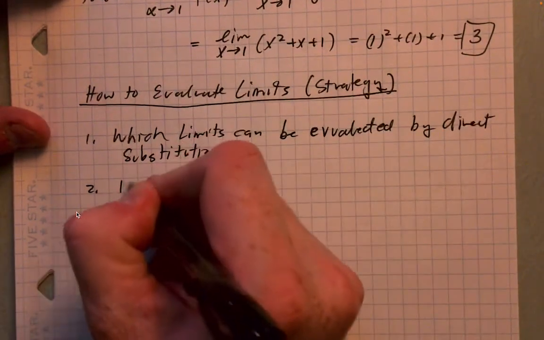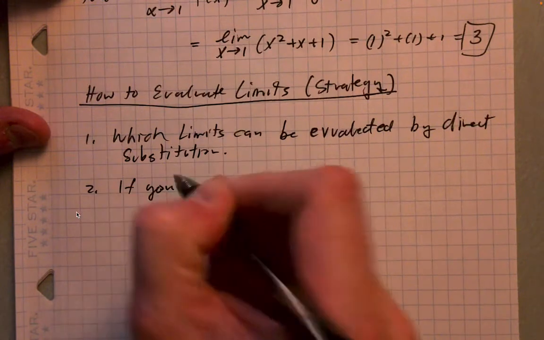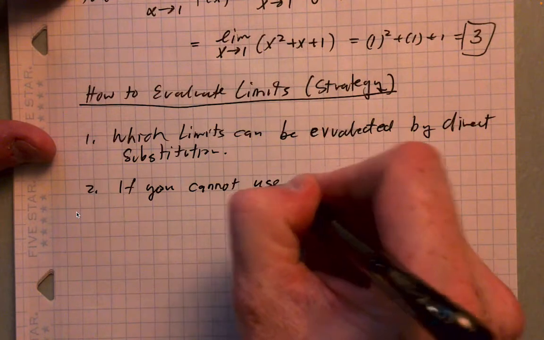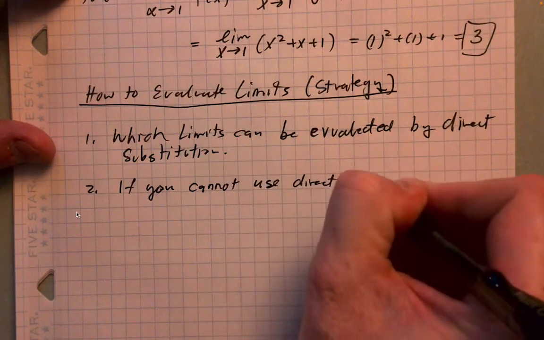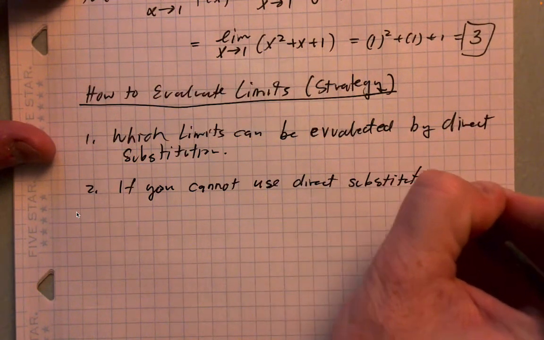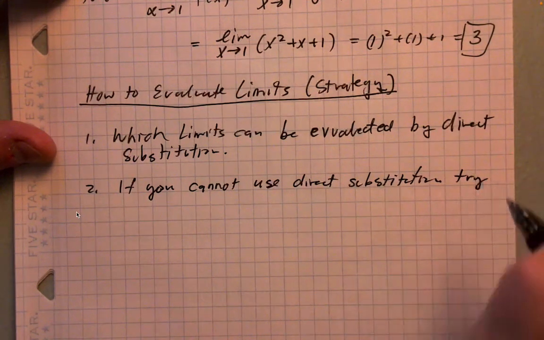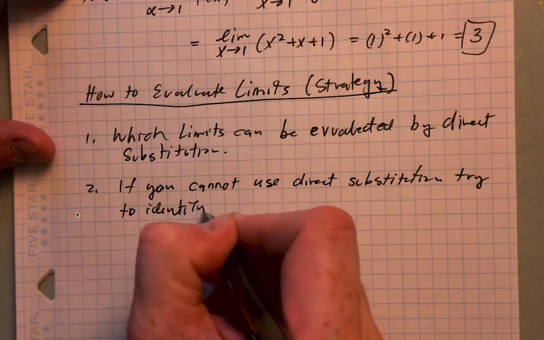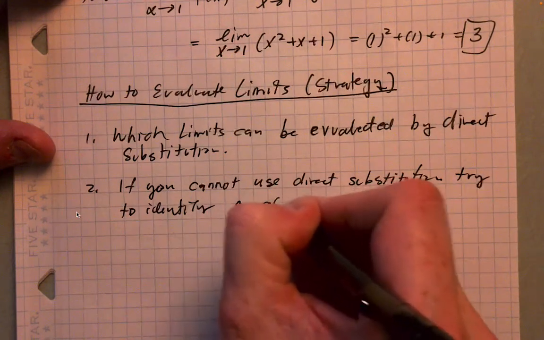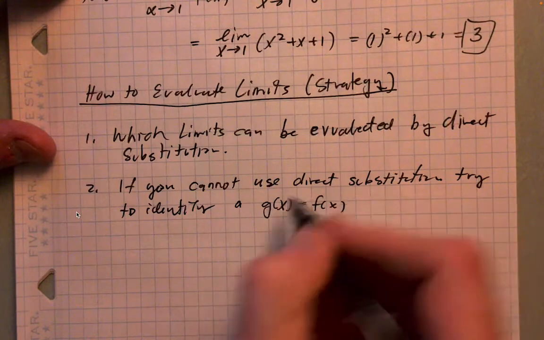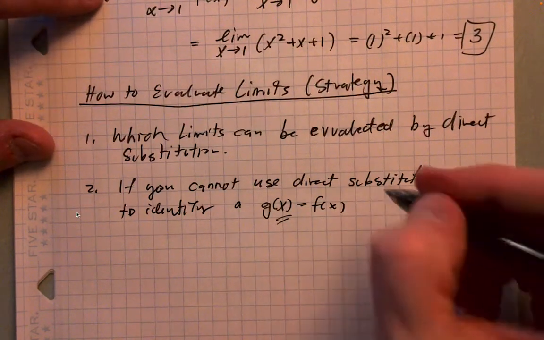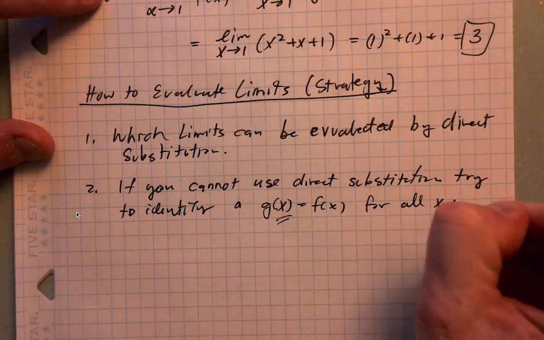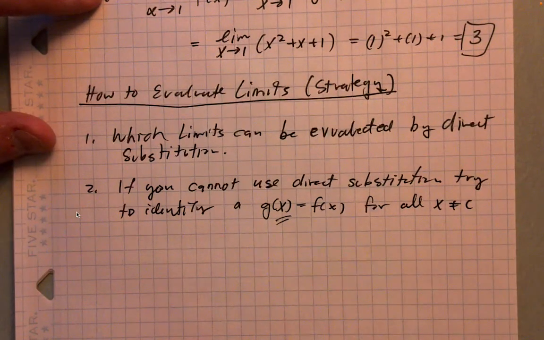So if you cannot use direct substitution, try to identify a g of x equals f of x, with g being the function you try to identify, for all x not equal to c, and then use the previous theorem.